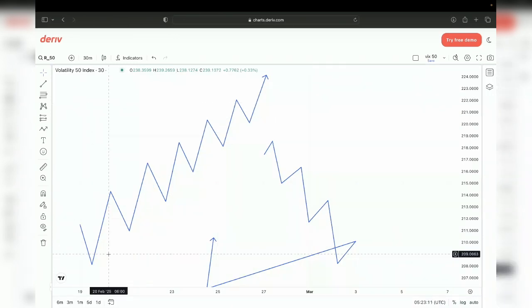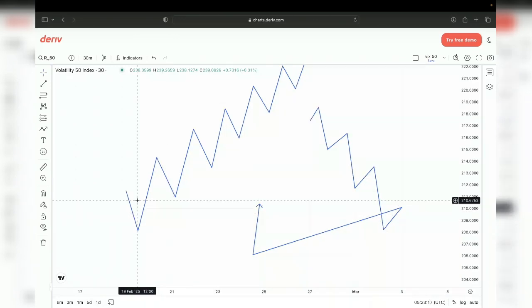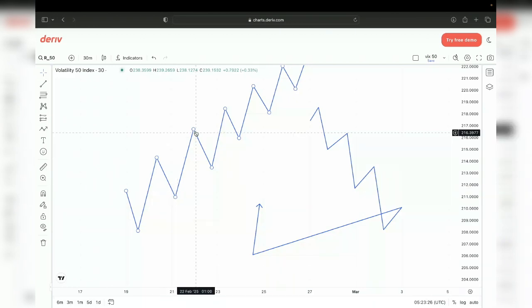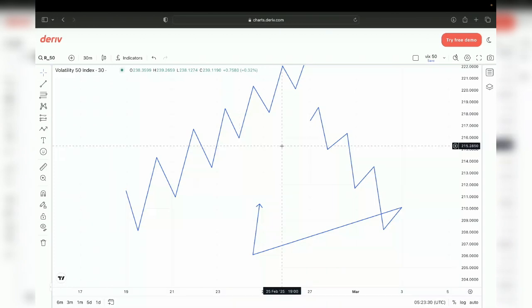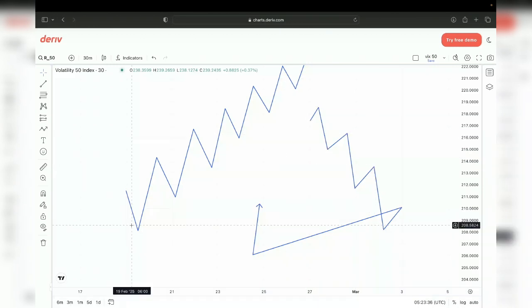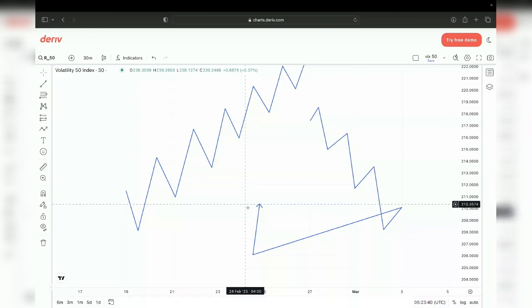It must have also told you that this is called higher high, higher low, higher high, higher low, and lower high, lower low, lower high, lower low, uptrend, downtrend. Simple. This is just a quick revision of basic market structure.